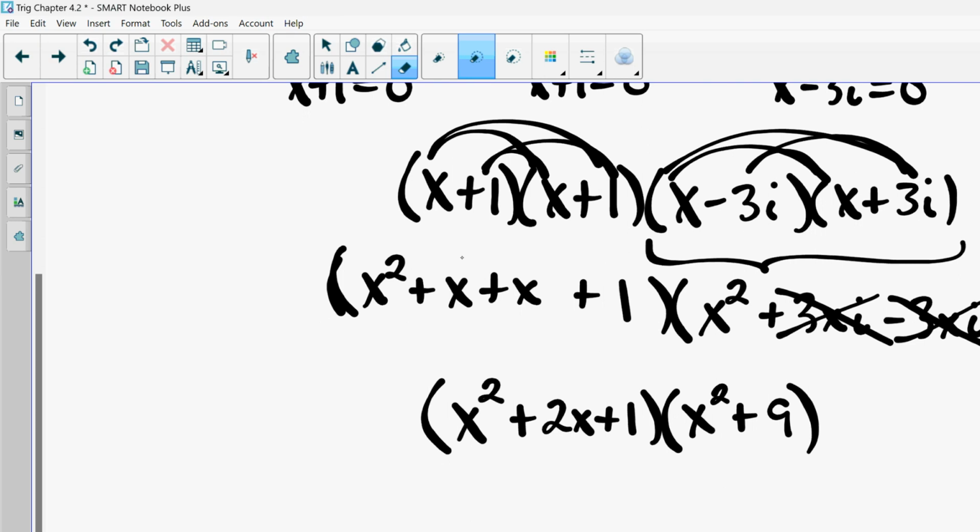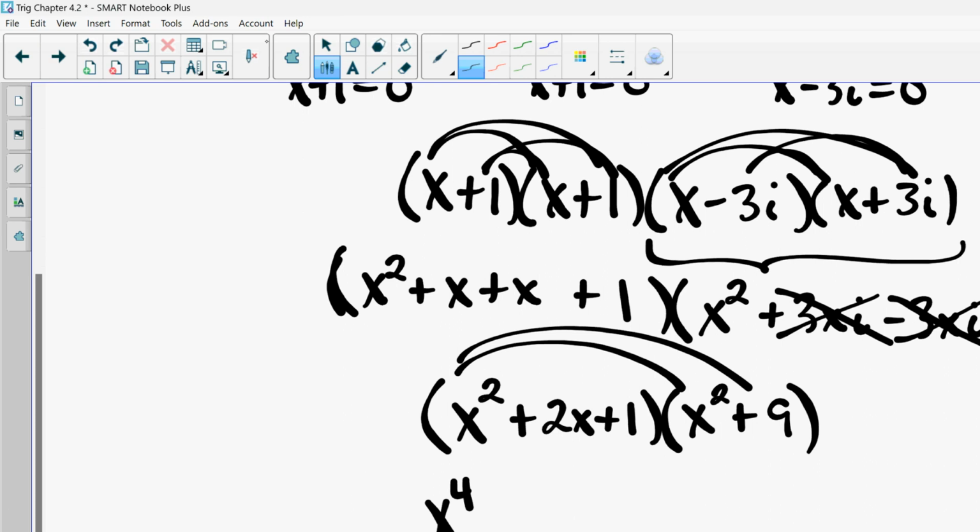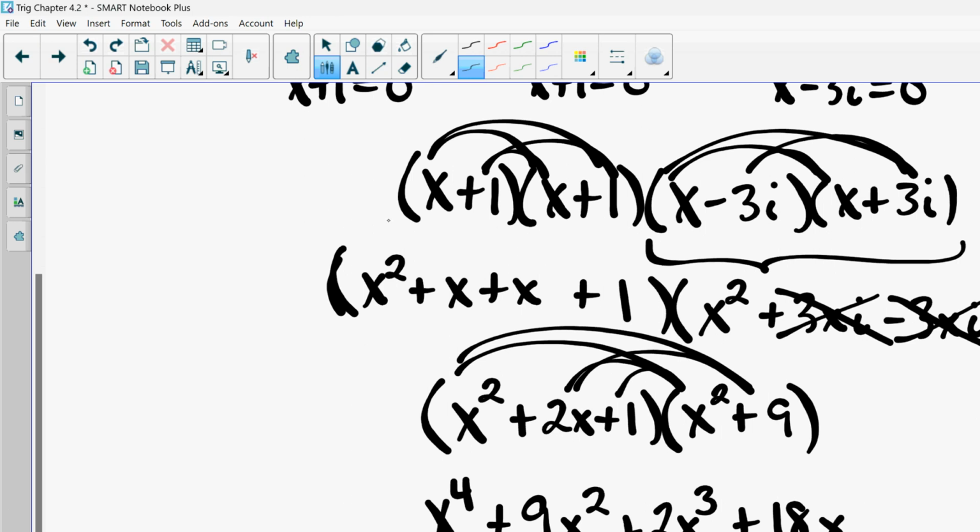And lastly, we're going to multiply these out. X squared times x squared is x to the 4th. X squared times 9 is plus 9x squared. 2x times x squared is plus 2x cubed. 2x times 9 is plus 18x. 1 times x squared is plus x squared.